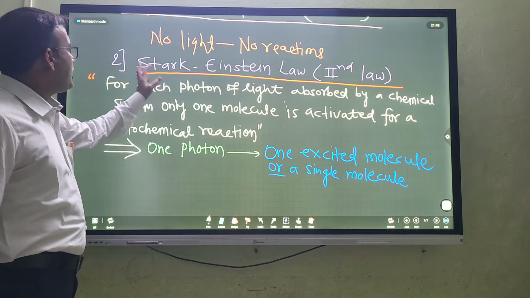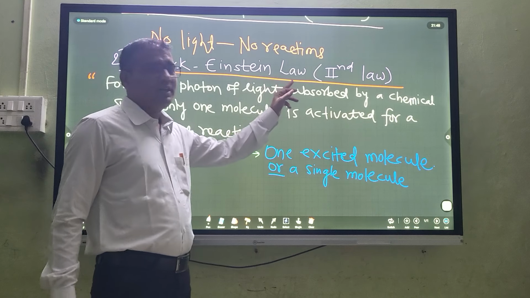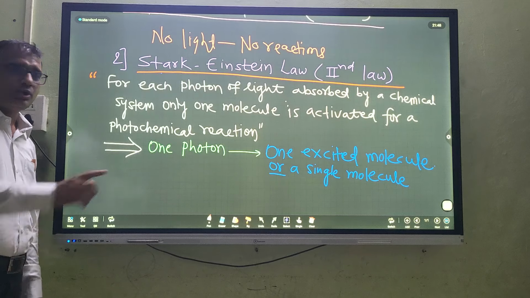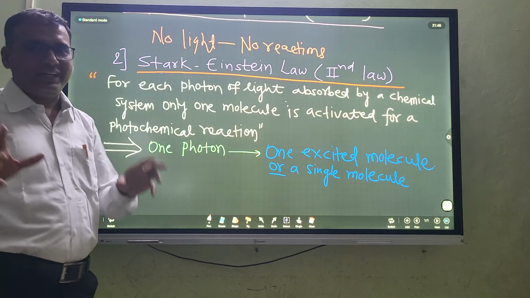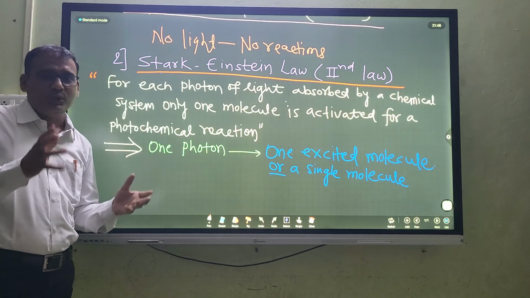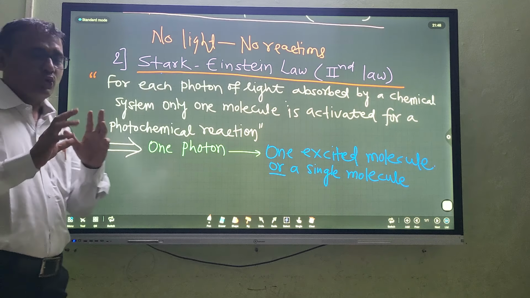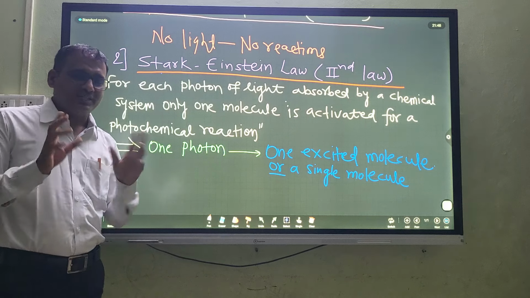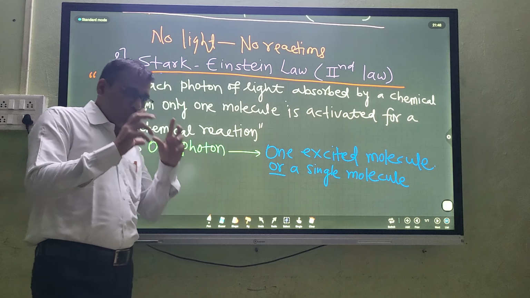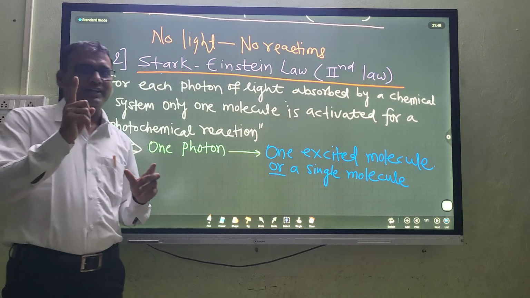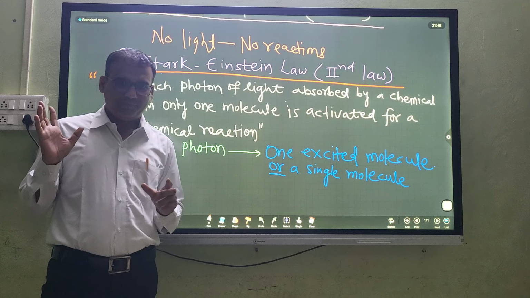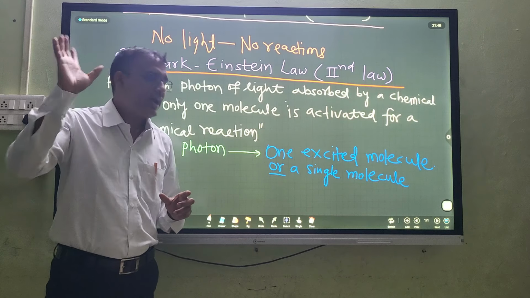Now, the second law is the Stark-Einstein law. This is the second law of photochemistry. The statement of this law is that for each photon of light absorbed by a chemical system, only one molecule is activated for photochemical reactions. That means when one photon is present in the light radiation, only one molecule is activated.